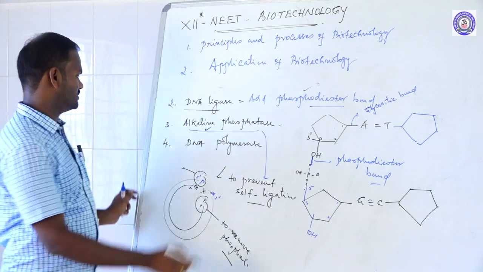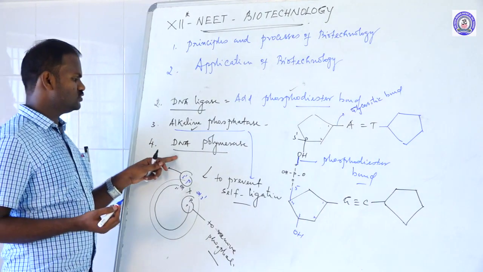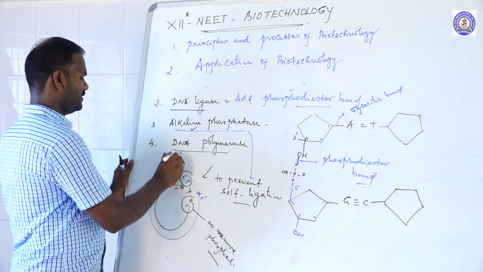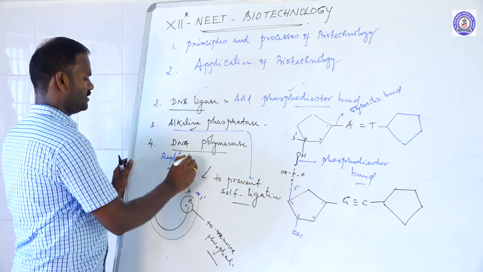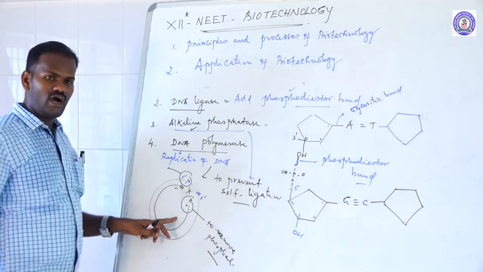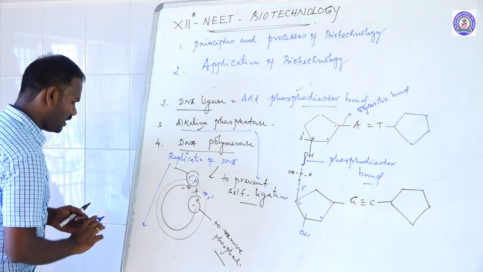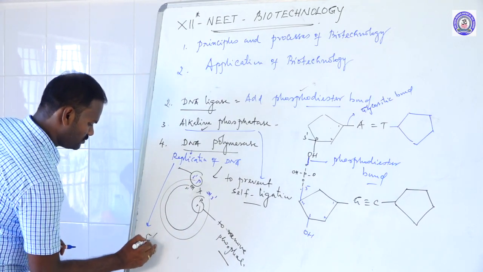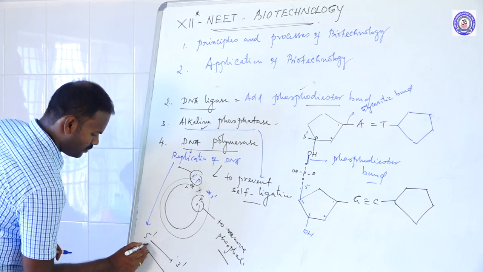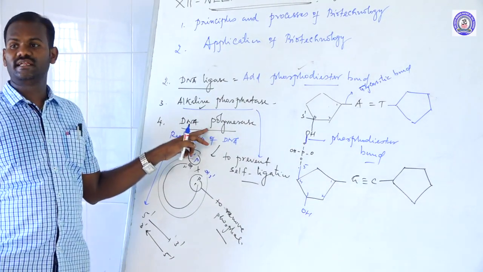DNA polymerase is one of the major enzymes produced by host organisms and is involved in the replication of DNA. How does DNA get replicated? Replication starts from 5' to 3', and the opposite strand from 3' to 5', using the enzyme called DNA polymerase.